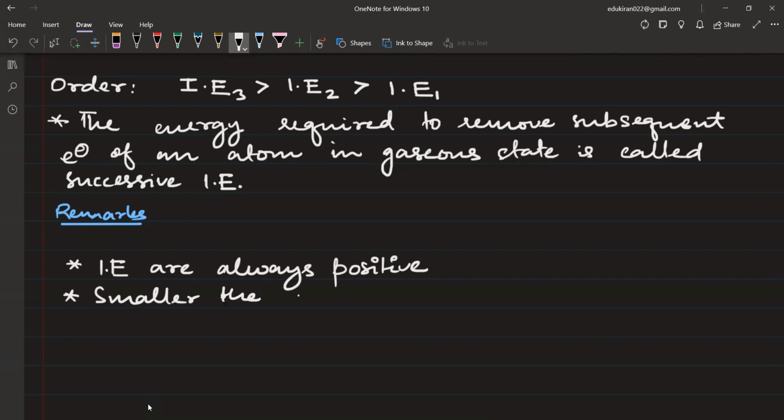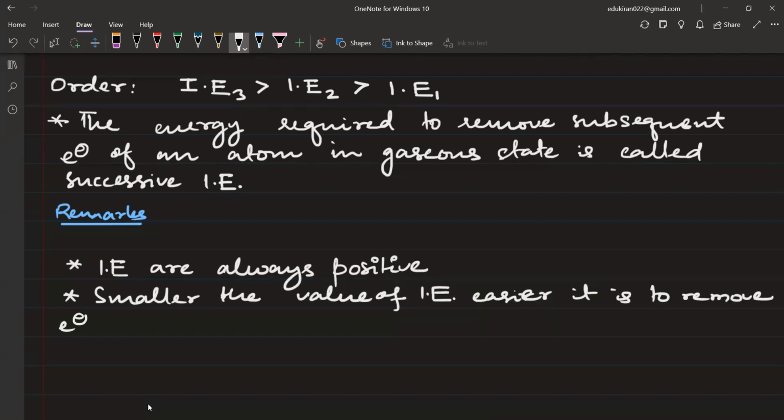Smaller the value of ionization enthalpy, easier it is to remove electron from that atom.